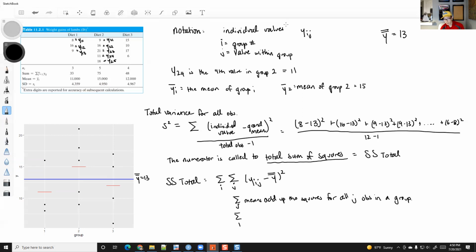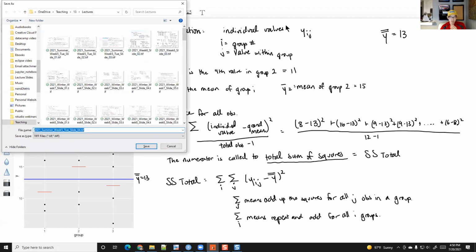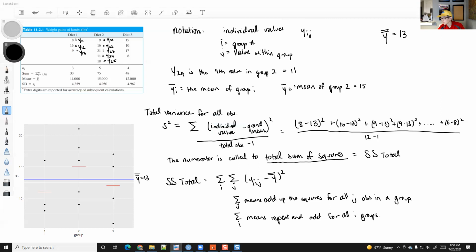And the sum over i means repeat this and add for all i groups. In our case, we've got 3 groups. Okay, how do we feel about that? Okay, I hope it's okay.